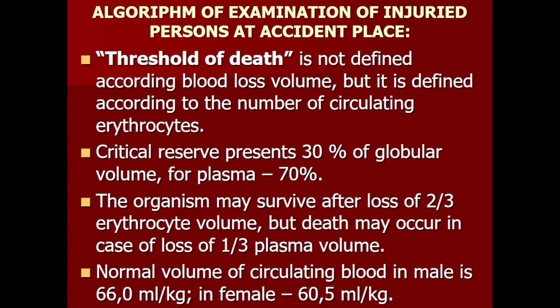In some cases patients lose more plasma and fewer erythrocytes, such as in burns or crush syndrome. Normal volume of circulating blood in males is 66 milliliters per kilogram, in females 60.5 milliliters per kilogram.